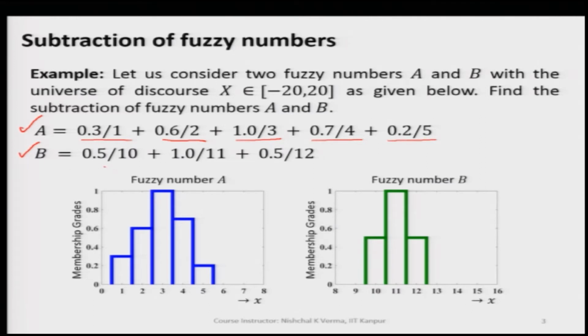B is represented as B is equal to 0.5 oblique 10 plus 1 oblique 11 plus 0.5 oblique 12, and both these A and B sets are discrete fuzzy sets. And these are represented here as the fuzzy numbers A and B.